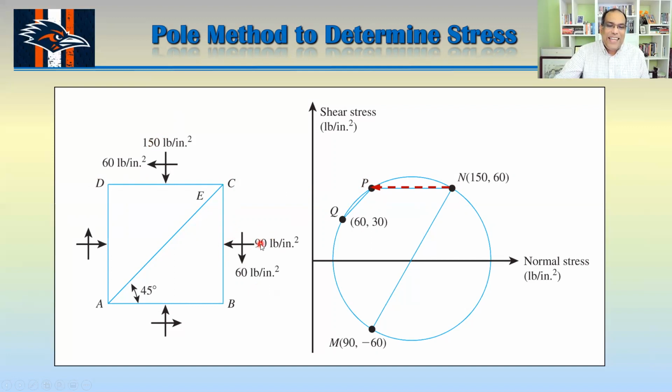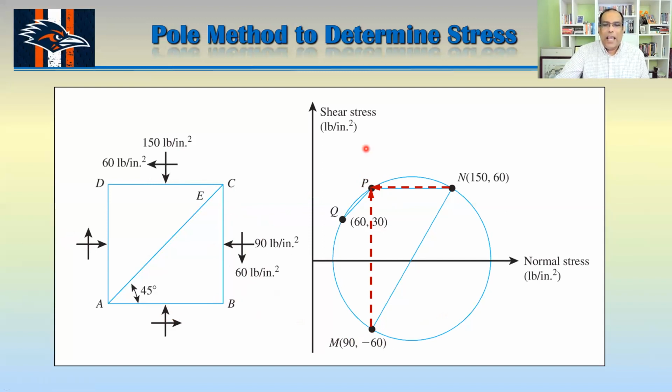This is 90 and this is negative 60 because this is trying to rotate clockwise. So 90 and 60, this is the point. Now I have to draw a line parallel to BC. If I do that, you see I come to the same point P. So P is a unique point. It doesn't matter whether I use this or this or this or this. All the time I get this point P.